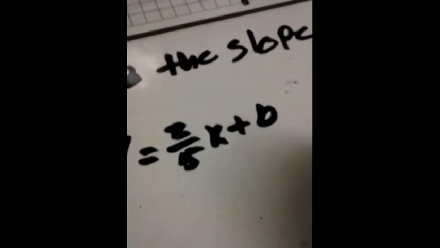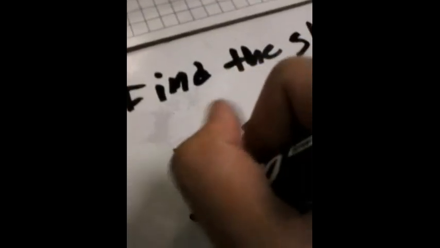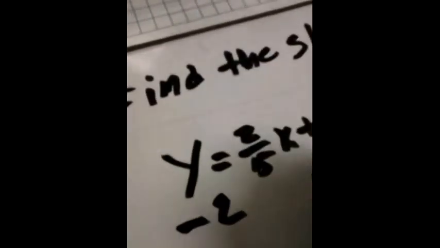Now, where is the y? So we need to find the y-intercept. So that would be negative 2. Oops, sorry.